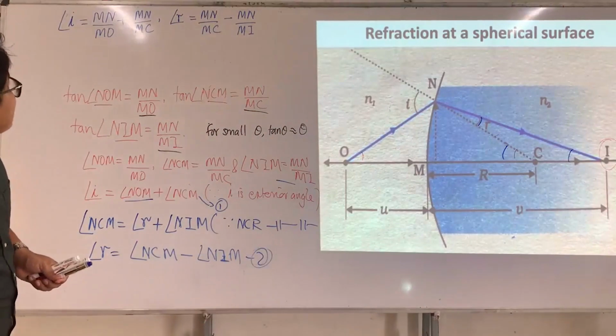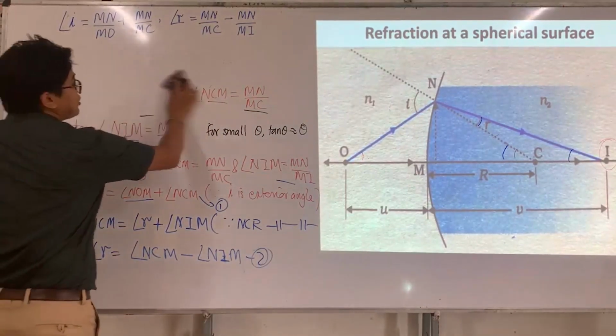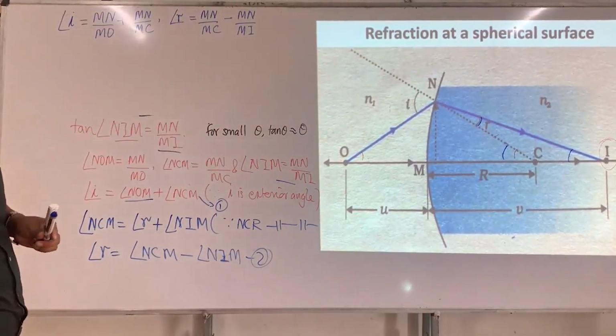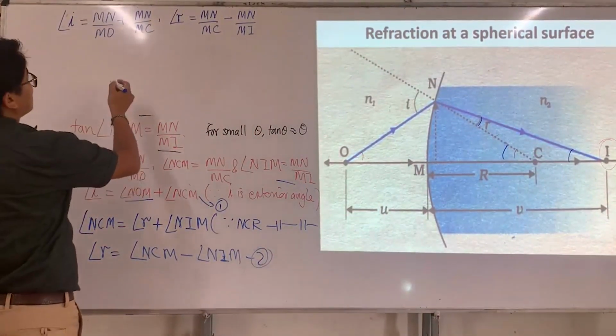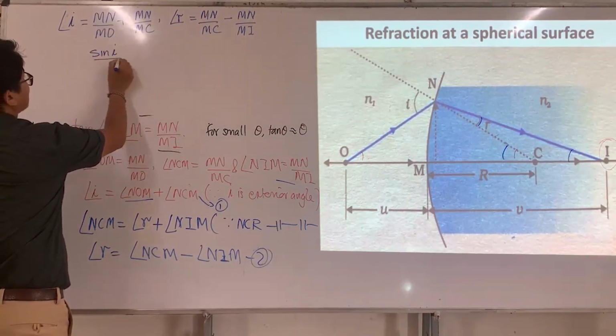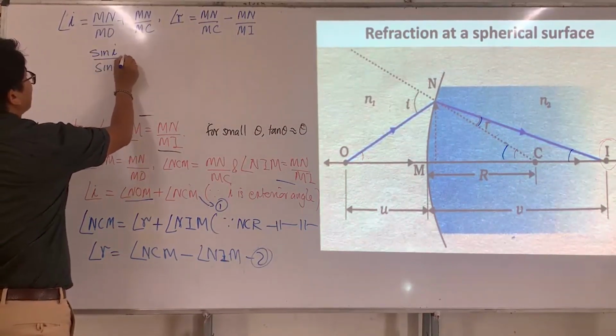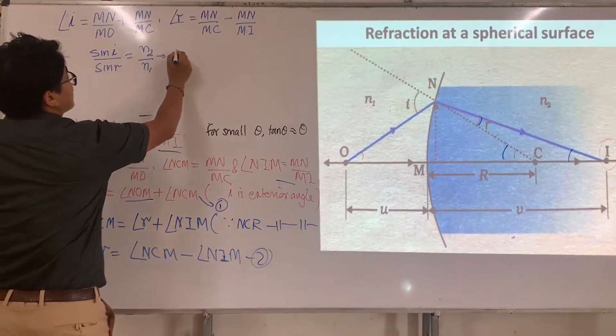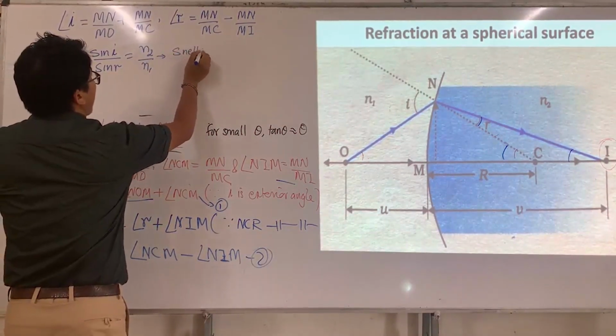Now I am going to use Snell's law and substitute. What is Snell's law for this refraction? Snell's law for this refraction is, look at here, sine I divided by sine R is equal to N2 divided by N1. This is what we call Snell's law.